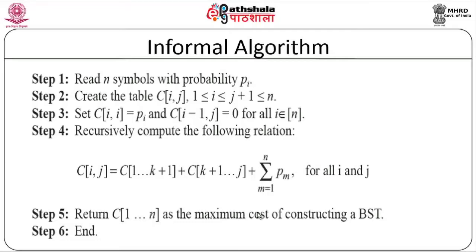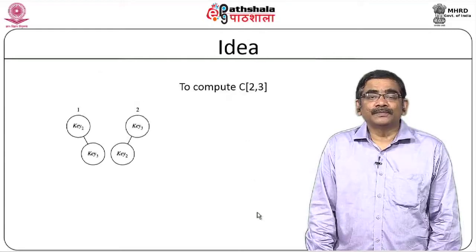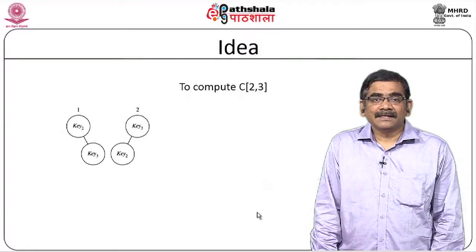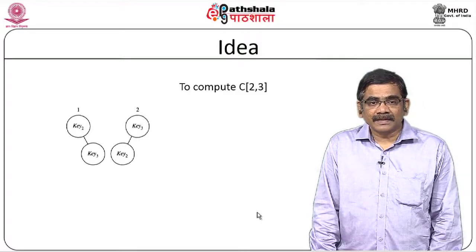The cost of computing that is going to be the cost of C of 1 to k minus 1, then C of k plus 1 to j, and the sum of P of m, where m ranges over the keys, to account for the number of computations. Finally, we reuse the concept, and the final C of 1 comma n is the cost of establishing this.